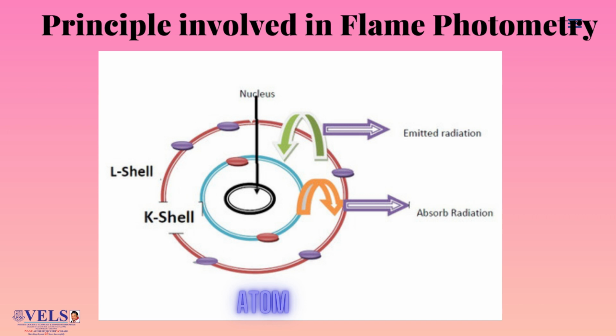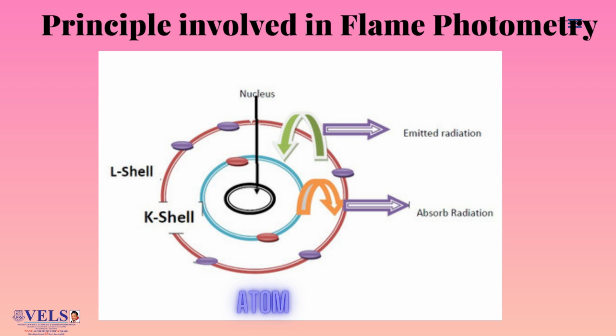In these orbitals, once the electrons receive radiation from the light source, they gain energy and move from one shell to another shell. In flame photometry, if we pass the light radiation, the K shell electrons move to the L shell by absorbing the radiation.